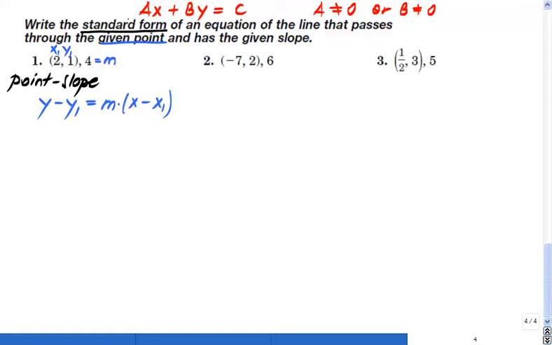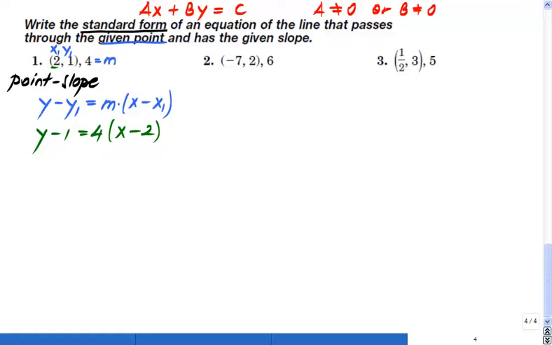All of this is given to you in this problem. Plug them in. Your equation will be y minus 1 equals m, your slope, times x minus x1. What is x1 for this problem? Well, that's 2.